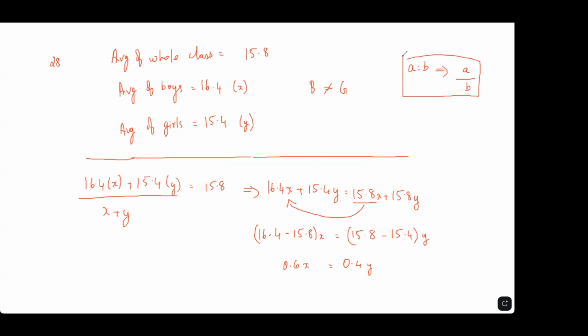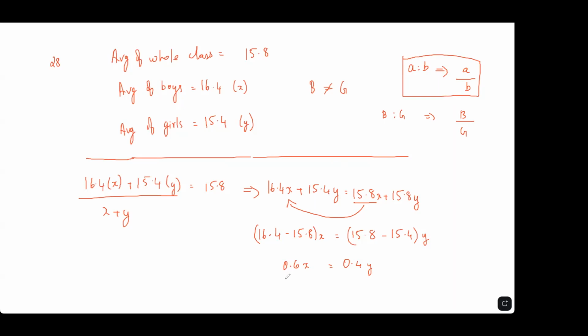And ratio is always written in the smallest form. मतलब fractions को ही हमने ratio में convert किया है. समझ में आया? Yes, sir. Now they have asked us ratio of boys to girls. मतलब boys upon girls रहेगा. Boys का value क्या है? x. So x should be in the numerator. Correct?